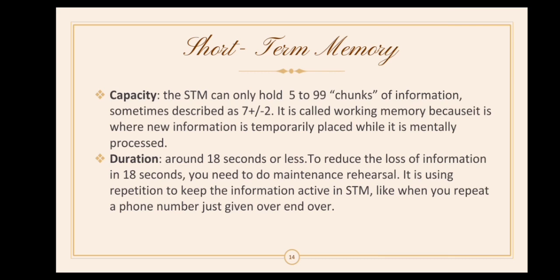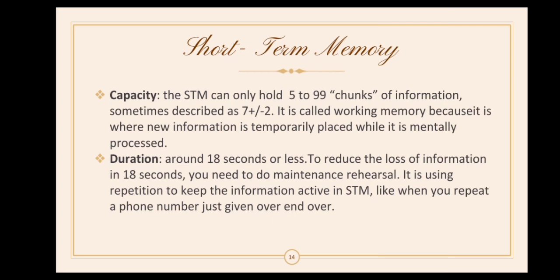It is using repetition to keep the information active in short-term memory, like when you repeat a phone number just given over and over. So sensory memories transferred into working memory will last 15 to 20 seconds with a capacity of 5 to 9 chunks of information.